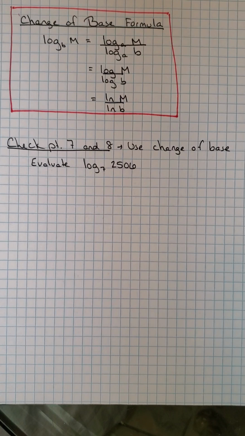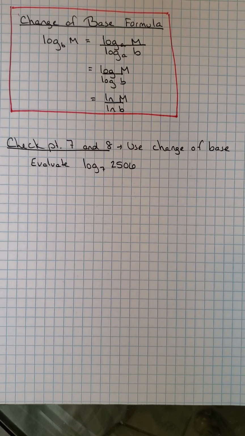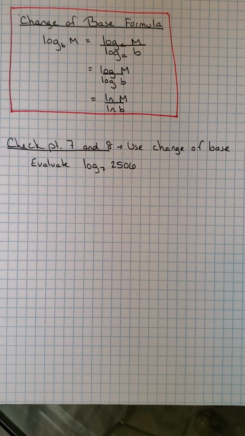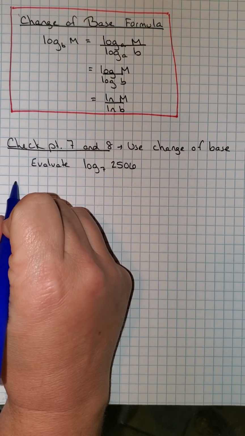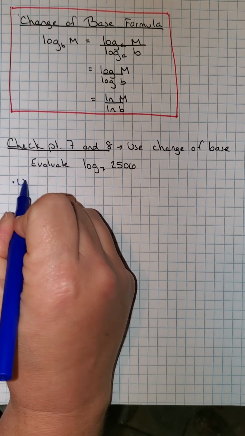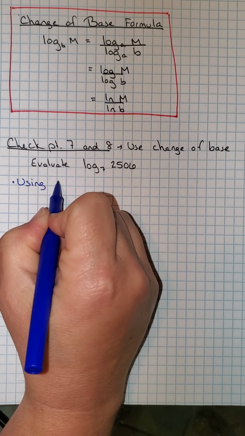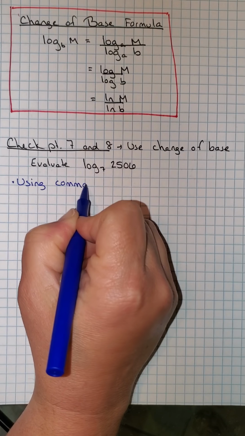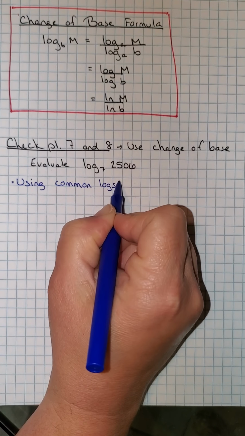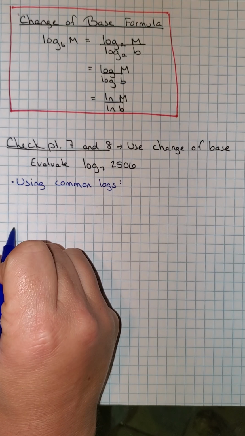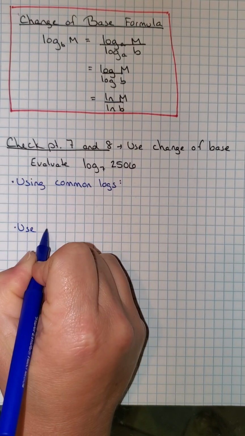Checkpoint 7 says to use common logs, and checkpoint 8 says to use natural logs.